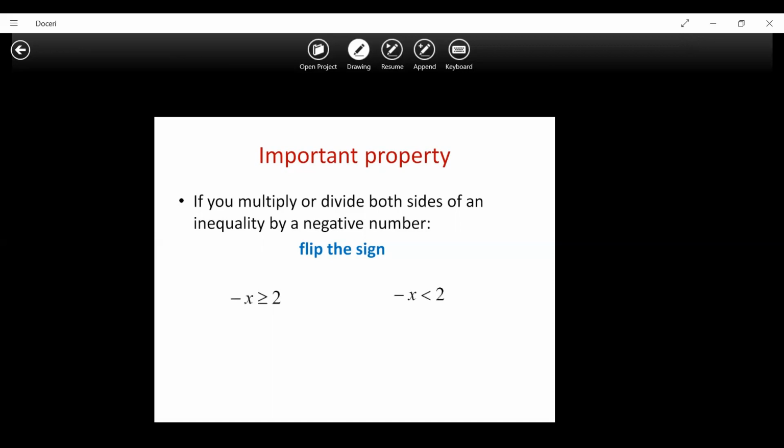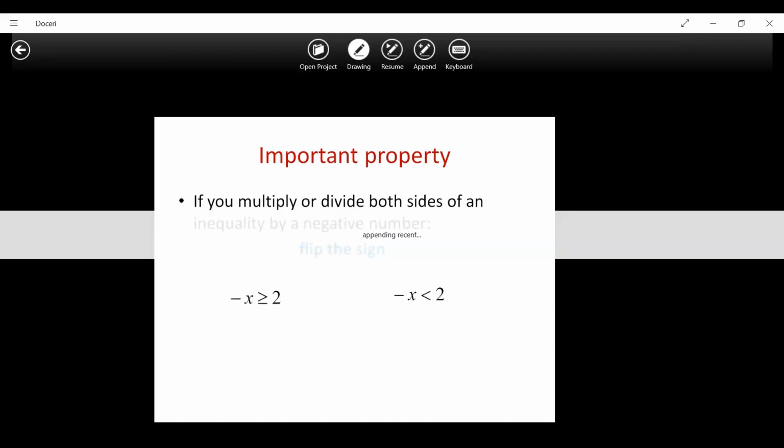So I'm trying to get my wife to send me some more stuff. If we're multiplying or dividing by a negative, we definitely want to be able to say that we can switch the signs. So it's going to do this for me. Just reset it and forget it.